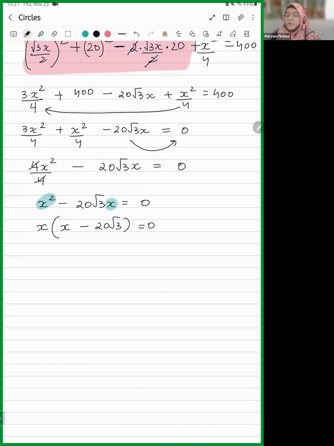If I tell you, now listen to this very carefully, this is a very basic concept that if you don't understand, you will be like, what is happening? So listen carefully. If you have two numbers, A and B, and their product is 0, what can you say about A and B? Think about it.